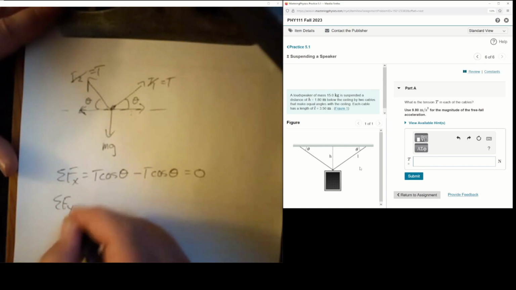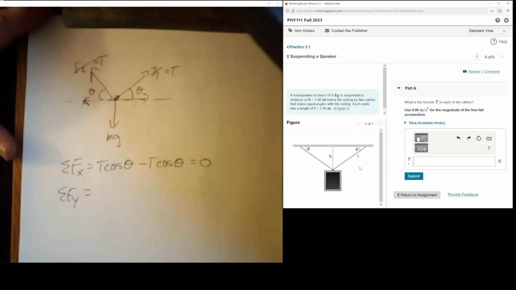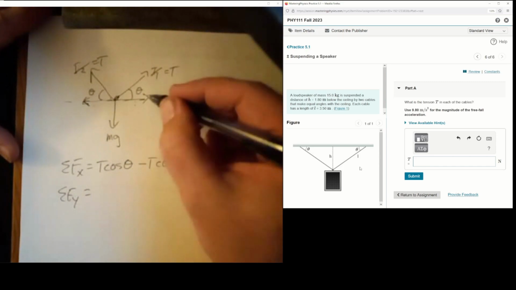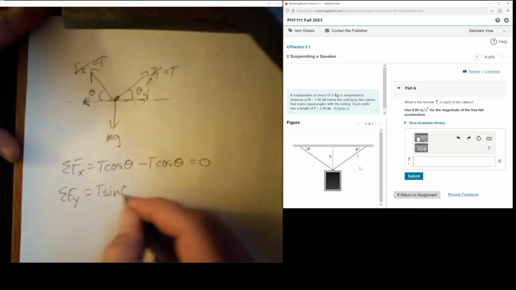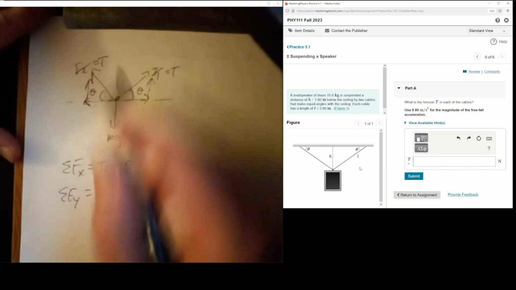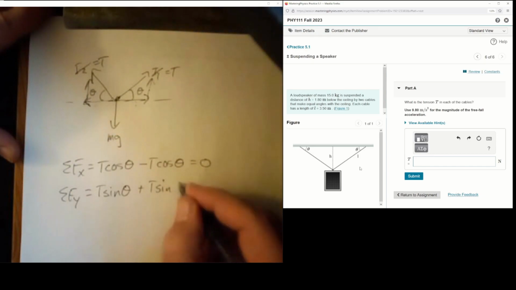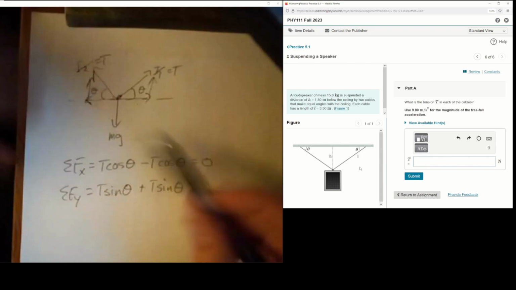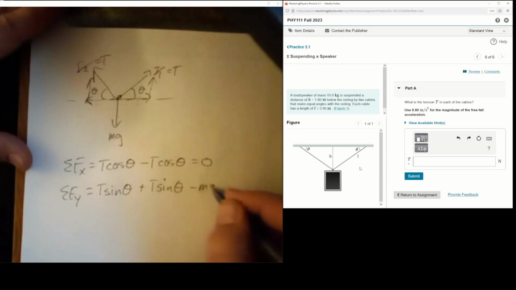Nothing valuable there. Let's look at the y direction. Going up, the opposite leg. What's going to get us opposite is sine. This is also going up, that component, the opposite leg. Another sine. And we have the weight all in the negative direction.